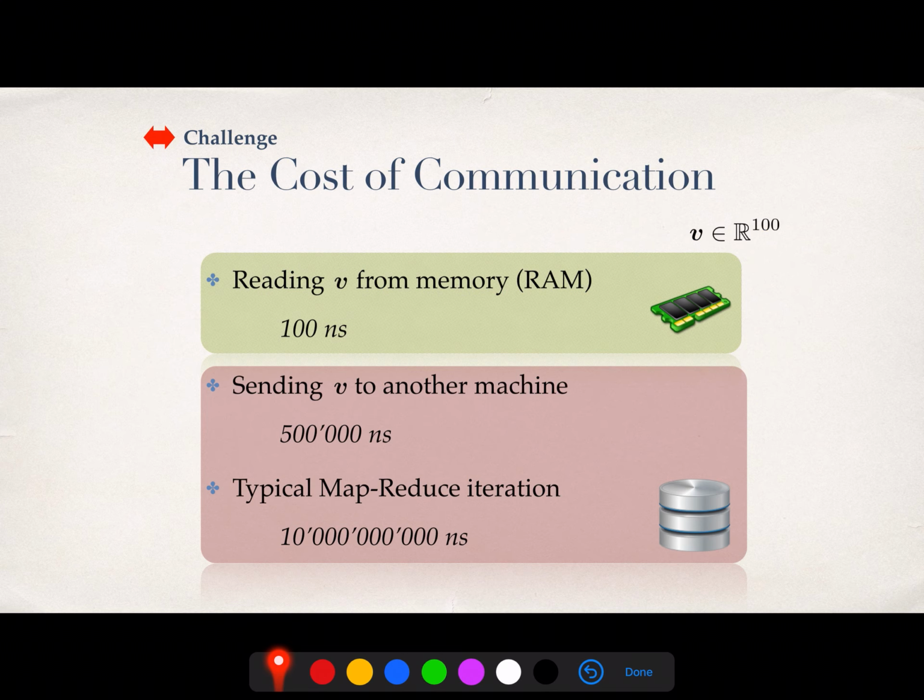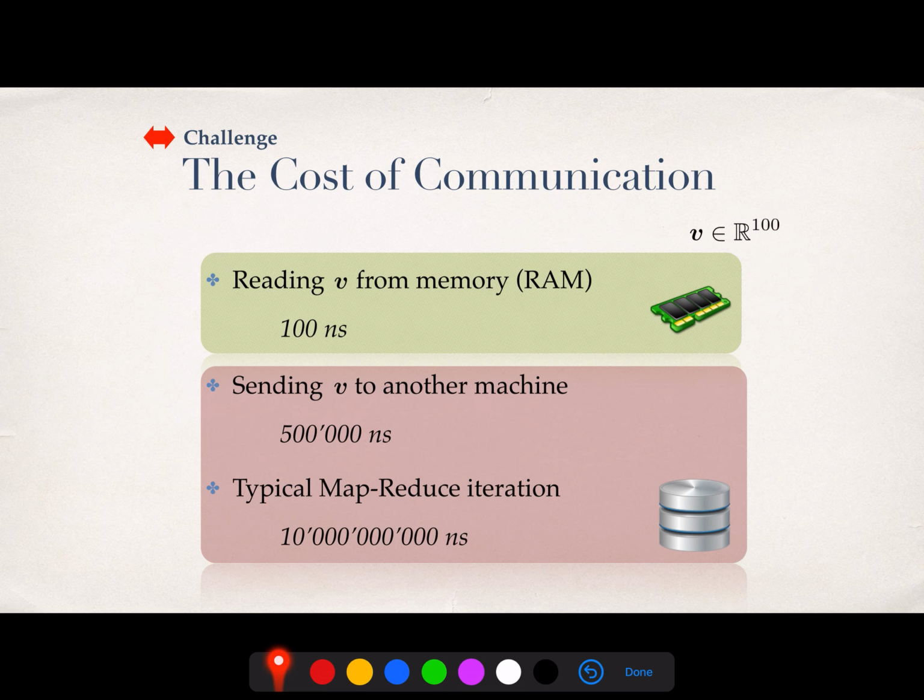One aspect we should not forget is communication cost. So now we computed these gradients, but now we have to send them to a server, or we have to send them to everybody else, to another machine. Here is some realistic example. If you have 100 parameters, 100 floating point numbers, so let's say your gradient has this size, which means your model has this size.